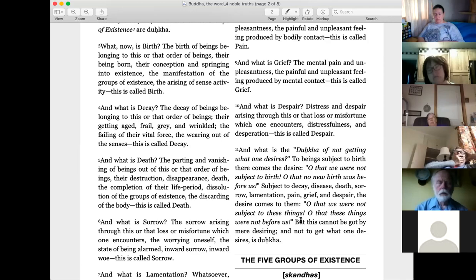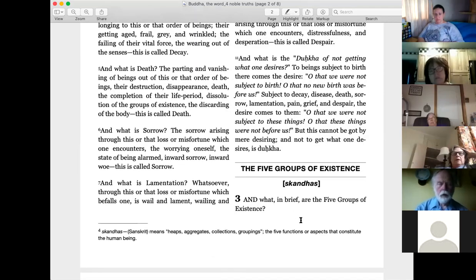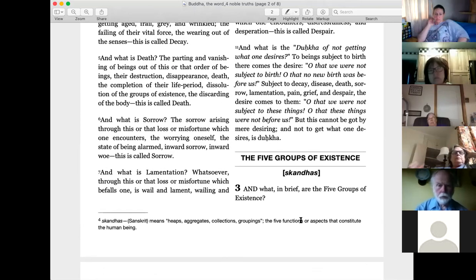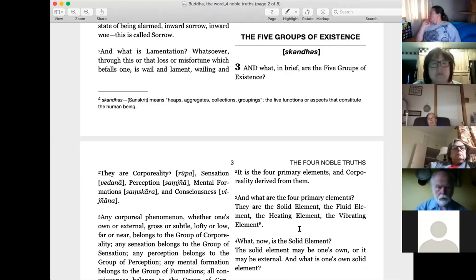So then he moves into this interesting teaching about the skandhas, or what we can call the 5 groups of existence, or the 5 heaps, sometimes it's called. Sometimes it's called the 5 aggregates. And so what are these 5 groups of existence?